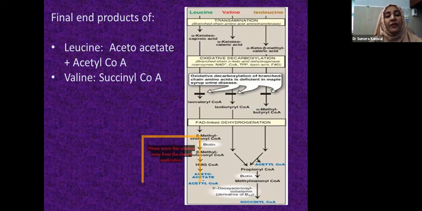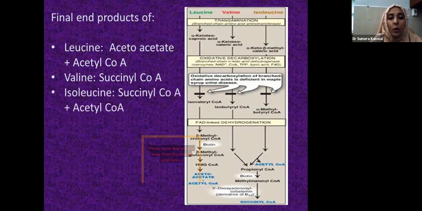So the first three reactions are important and common in the catabolism of these branch chain amino acids, leucine, valine, and isoleucine. And upon further catabolism, in the presence of biotin, leucine gives acetoacetate and acetyl-CoA, valine gives succinyl-CoA, and isoleucine gives succinyl-CoA and acetyl-CoA.